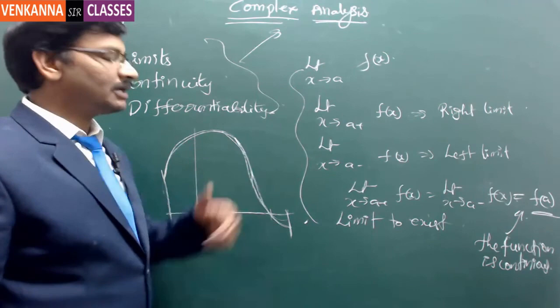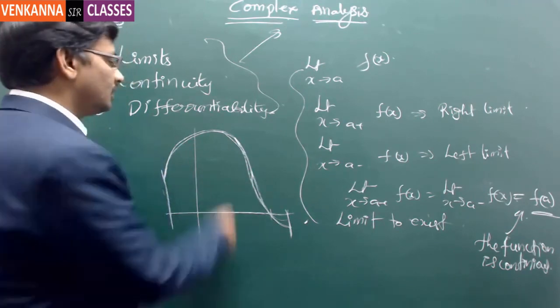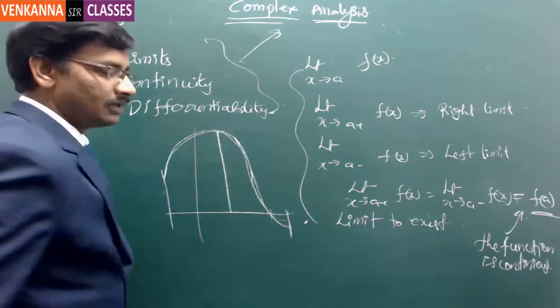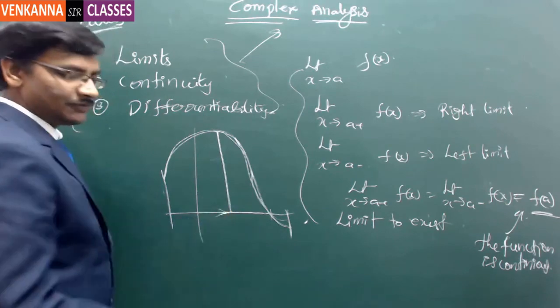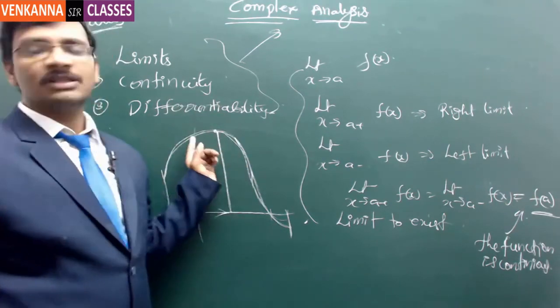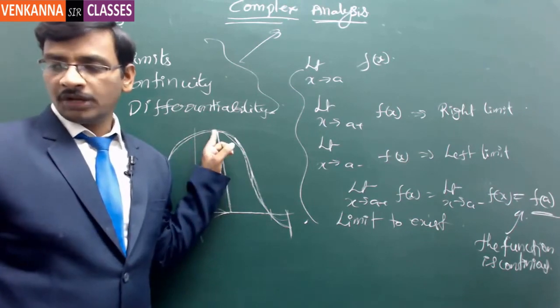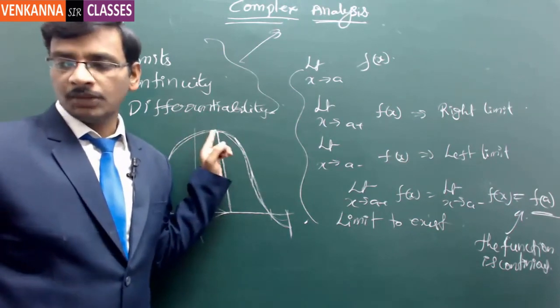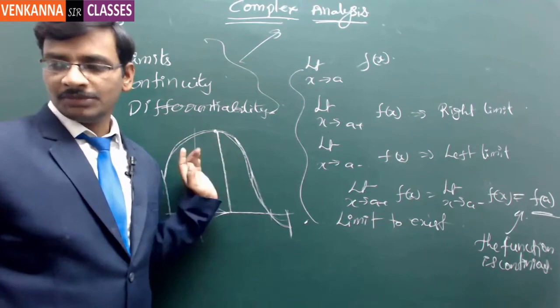But mathematically, how do we express it? Now, if you randomly take one point here, and I am approaching from the left side, I will be identifying the function value before reaching that point. So I am trying to approach, but I have not reached it from the left side.